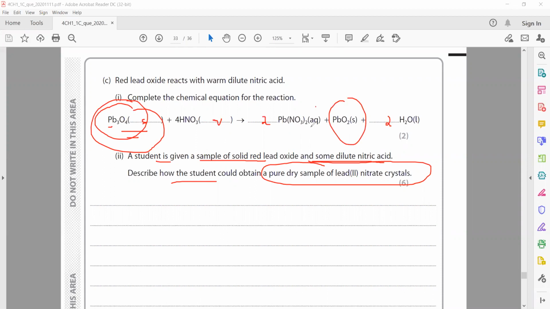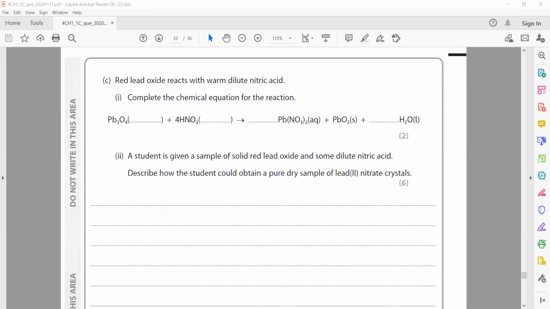Then we will filter, then heat, concentrate, cool and dry to obtain the salt. Is it clear? Because this is solid and the product is also solid, we use excess. When we use excess, the nitric acid will be used up. Then we filter to remove both solids. We are left with lead nitrate solution. So how to obtain crystals? Heat, concentrate, cool, filter and then dry.